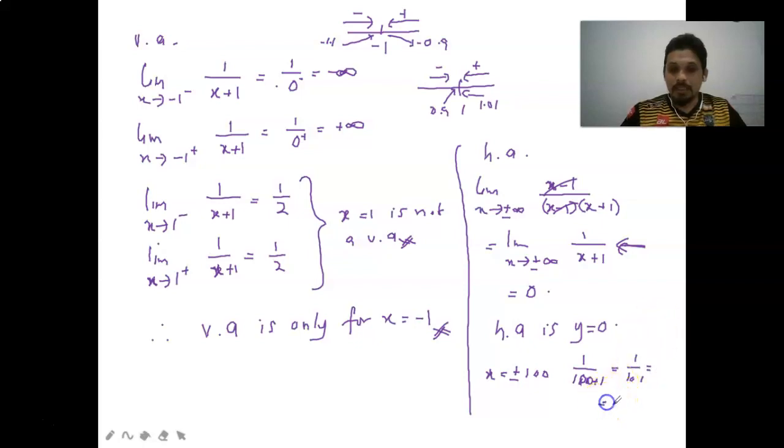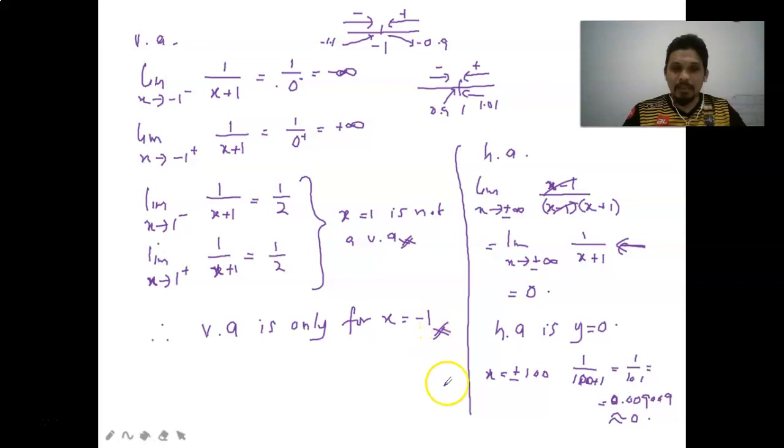This is 0.009009, which I think is very close to 0, right?